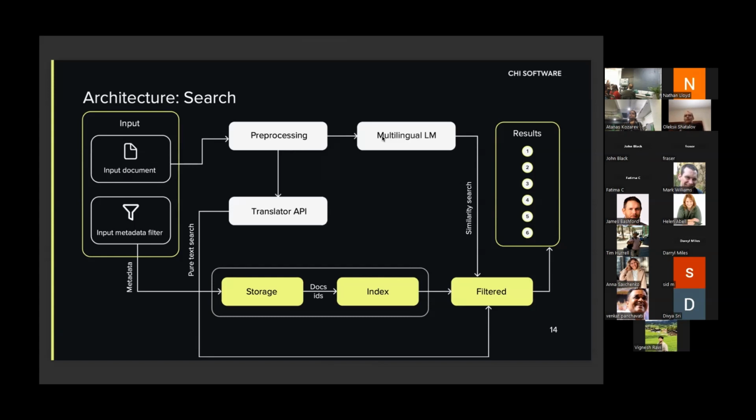Then we put them inside some filtered storage that we already have in our system, and then we filter the most similar data by measuring the distances to the pure text that we obtain from the translator API, as we may have a language that differs from the language of the input text.